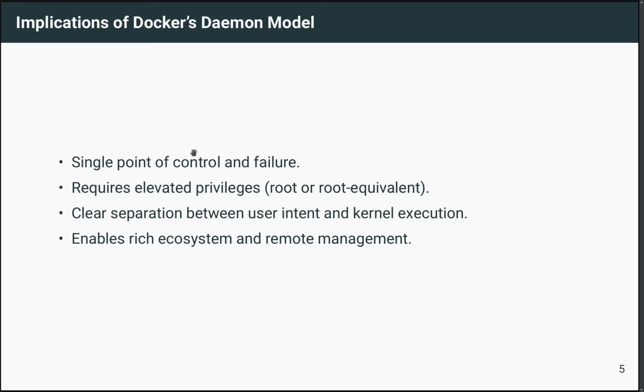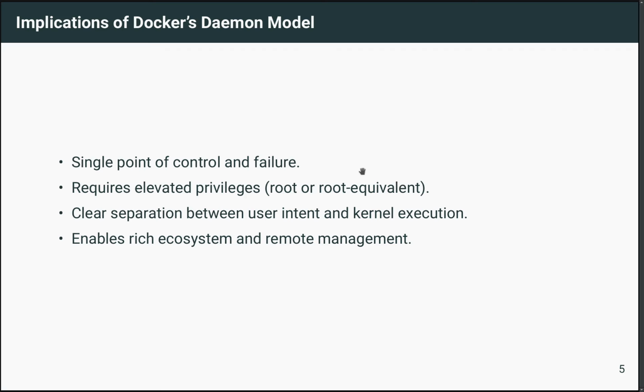Now, if you look at the consequences of the daemon model of Docker, what happens is you have a Dockerd and containerd. So if those fail or get hijacked or get hacked, then you have a single point of failure. It always requires root privilege or root equivalent. Podman also requires root privilege, but that is for different reasons.